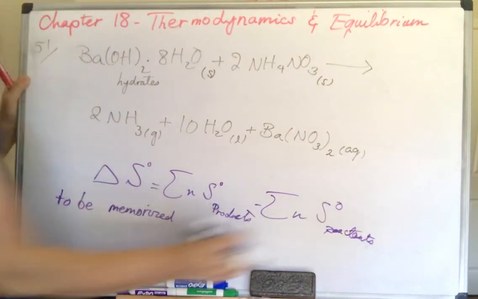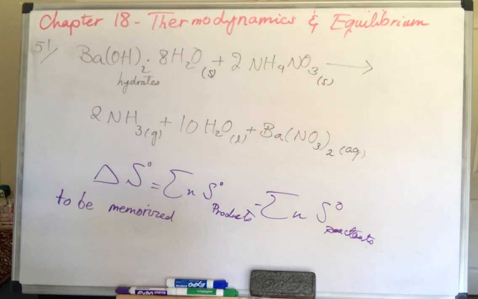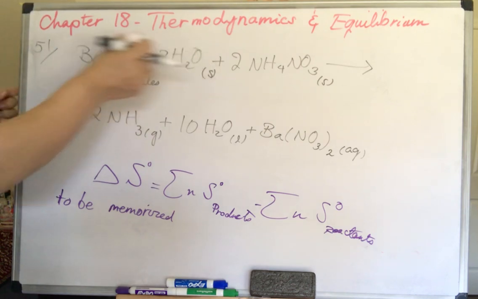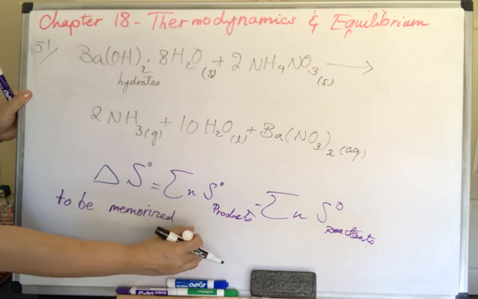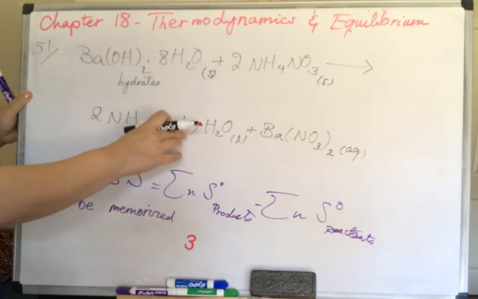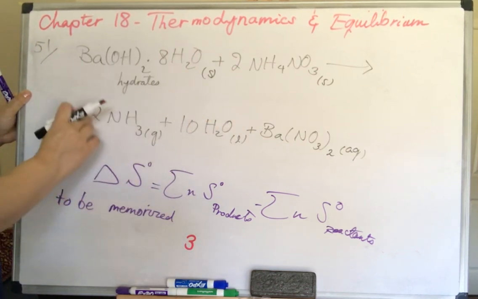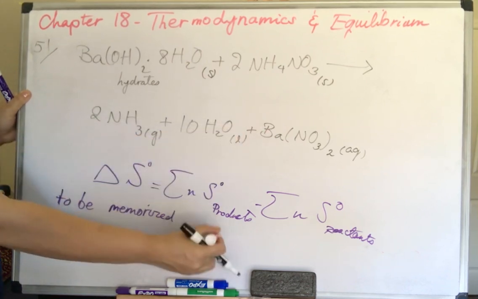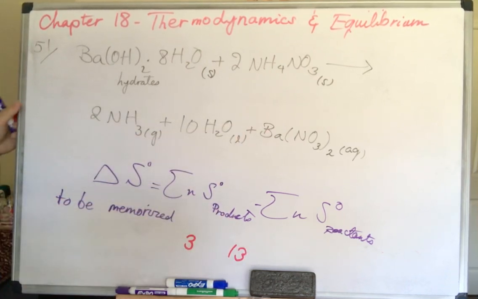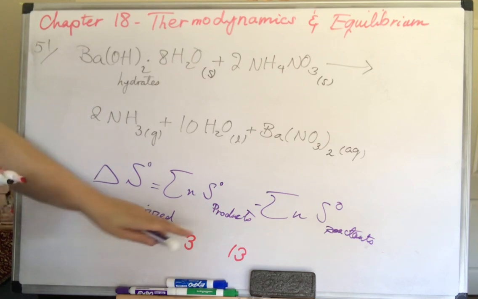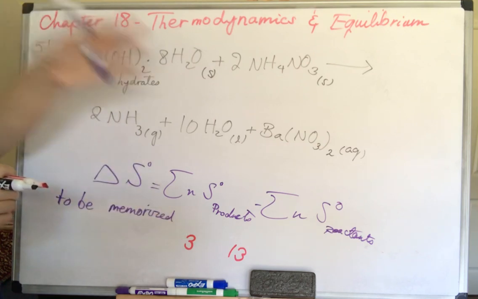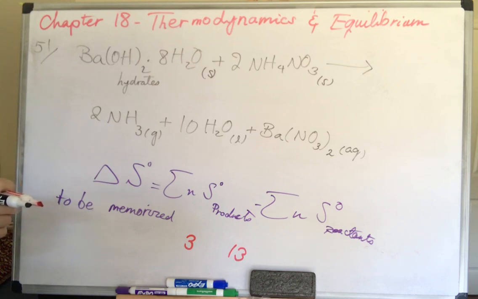So, going back to our example, we have 3 moles of reactants on the left side. And how many moles on the right side? 2 plus 10, 12 plus 1, 13. So if we just go by number of moles, we have more moles on the right side.